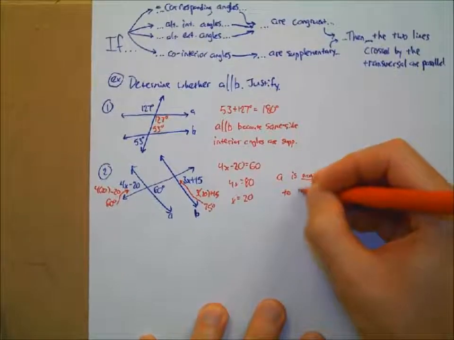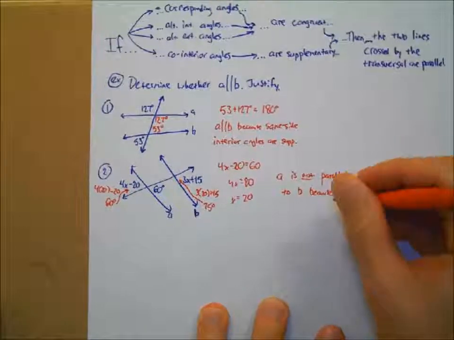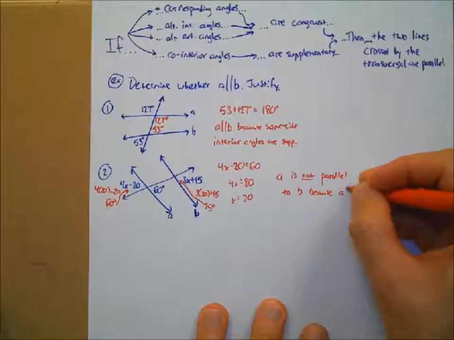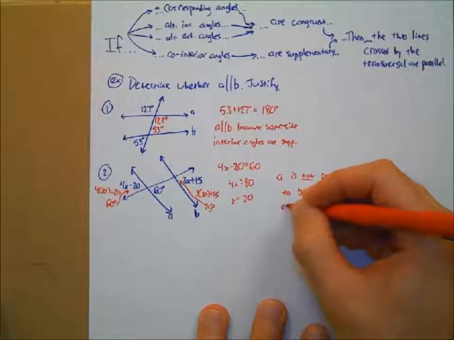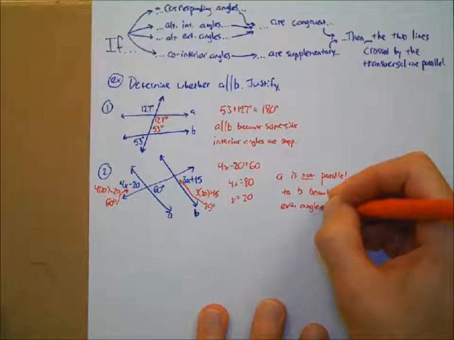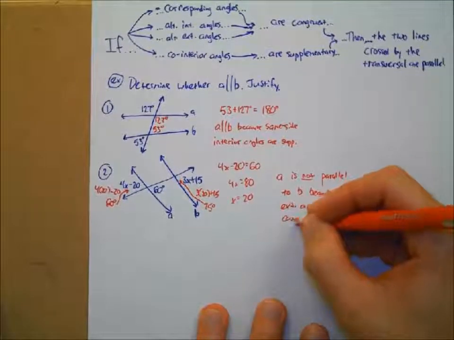So A is not parallel to B because, and again, you can use either one. I'll just use the alternate exterior because I can abbreviate that easier. Because alternate exterior angles are not congruent.